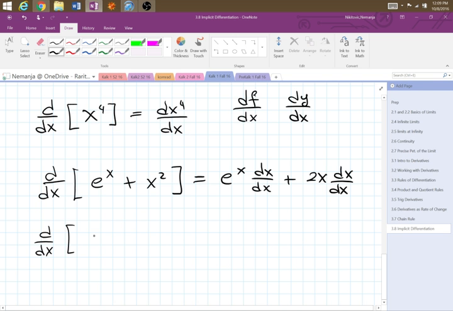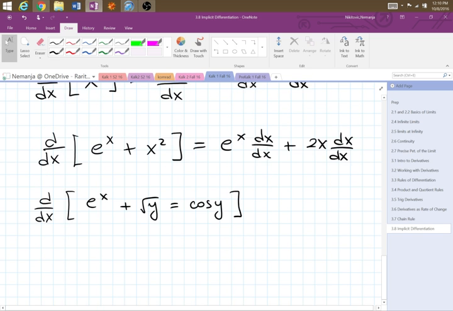I get to say, I don't know, e to the x plus square root of y, for instance, equals cosine y, whatever, doesn't really matter. So now we are going to take derivative term by term.